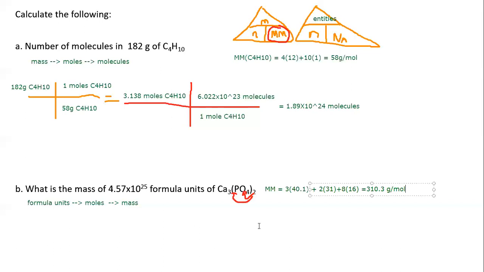Okay. So the first thing we need to do is to convert formula units into moles. And notice here that it's entities divided by Avogadro's number. So in our train track, Avogadro's number goes on the bottom. We have our formula units, and we're going to put Avogadro's number on the bottom.